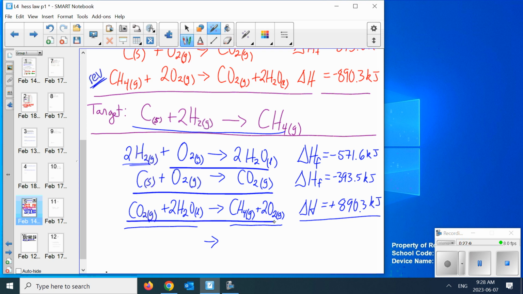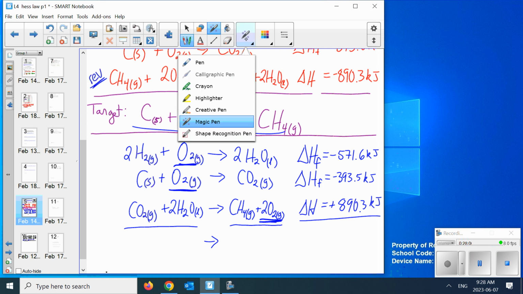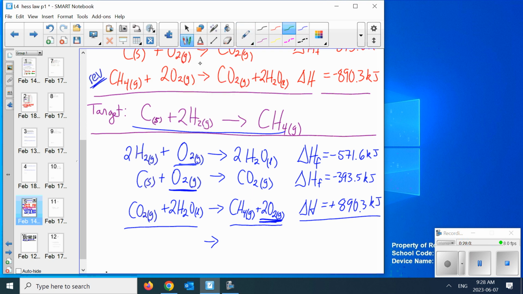Okay, let's just create it. So these two, nothing to cancel out. But then I look at the oxygen. I notice there's an oxygen here, and two oxygens here. I'm going to put some boxes around. So do you notice on the left side there's a grand total of two oxygens, and there's two oxygens here.